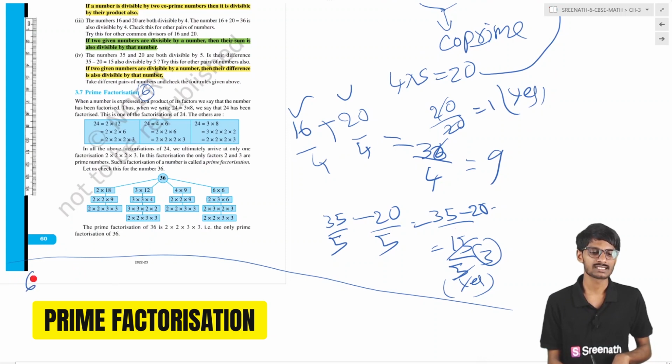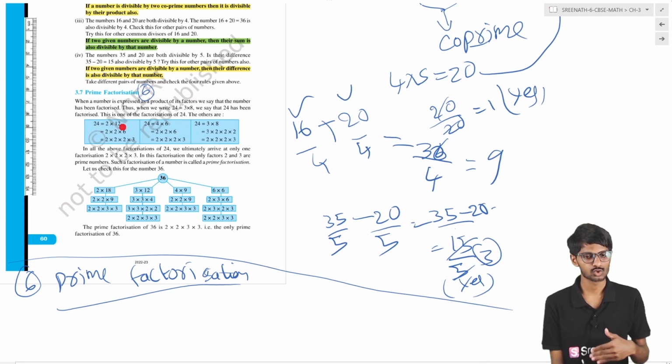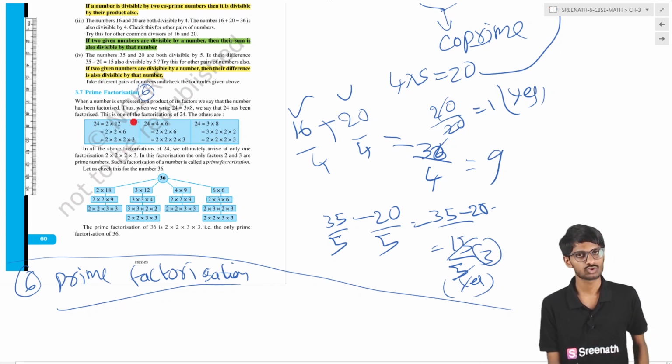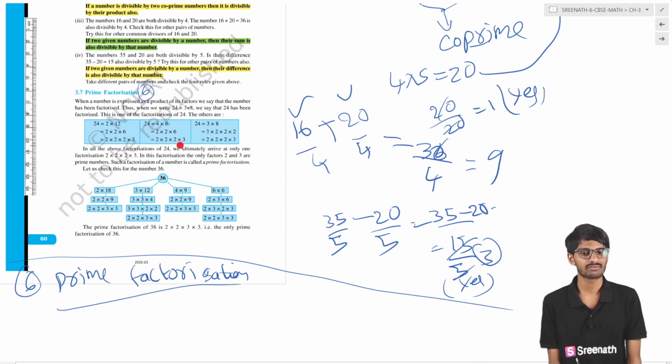Now we are going to the sixth topic. What is it? Prime factorization. So basically, 24 is there, and we can write it as 2 into 12. We can write 12 as 2 into 6, and we can write 6 as 2 into 3. In another way, you can write 24 as 4 into 6, and you can further write factors of it.